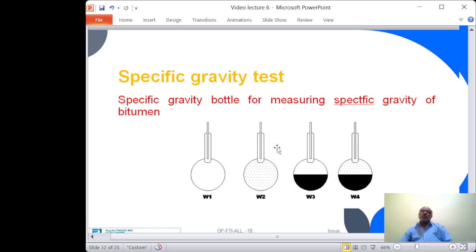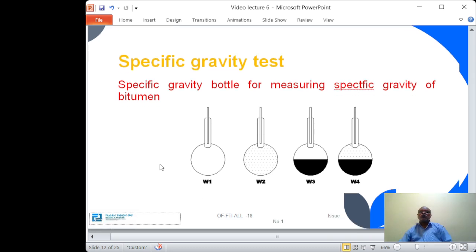After pouring out the water, we fill the specific gravity bottle with bitumen up to the mark shown on the bottle, and the weight is registered as W3. And this is the specific gravity bottle after immersing it in the bath, and the weight is registered as W4.